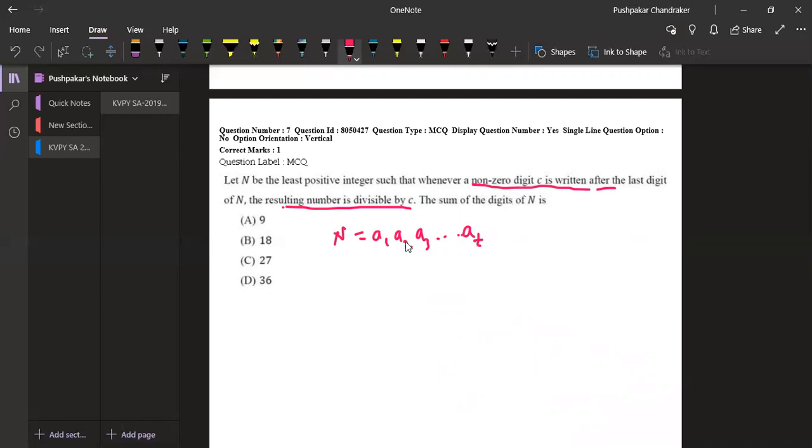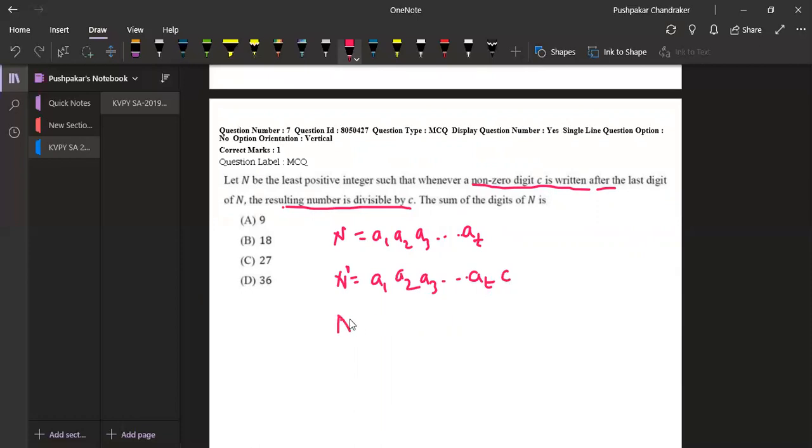So actually, these are the digits of the number n. In place value we can write it. Before that, we'll add one more digit, because c is written after the last digit of n. So this n dash, I'll write as a new number, up to the last digit and c. Now this should be divisible by c.